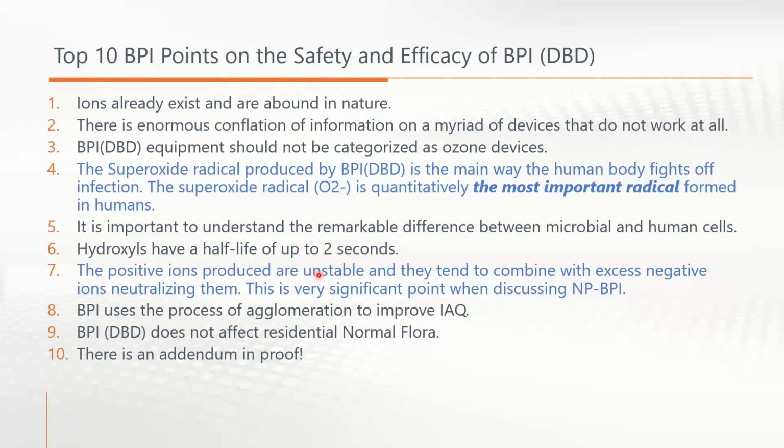The positive ions produced are unstable and they tend to combine with excess negative ions, neutralizing. This is a very significant point when discussing needlepoint bipolar ionization. When needlepoint produces its ions, they're linear. Whether they're needles or carbon fiber, they're pushing ions out in a linear fashion, and they're right next to each other.